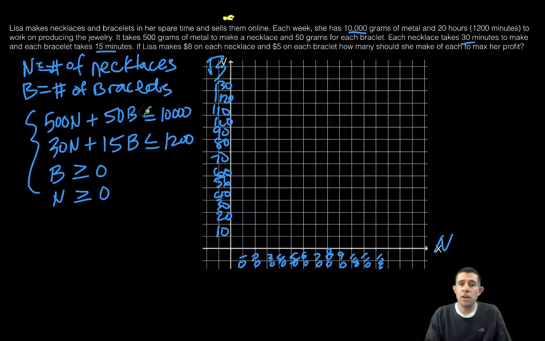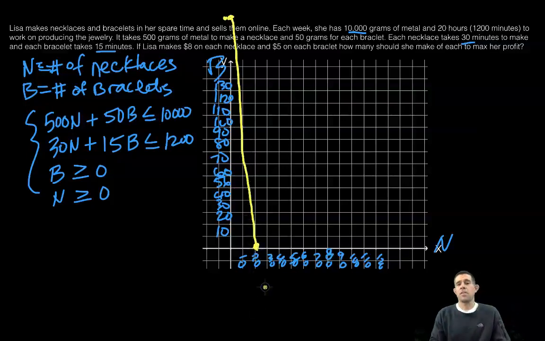But let's go and find our x-intercept by covering up B and dividing by 500. Well, 10,000 divided by 500 is going to result in 20. So it's going to intersect right here. So this is going to be a very steep line that comes down and hits our x-axis right here. Okay, our next one, same thing.